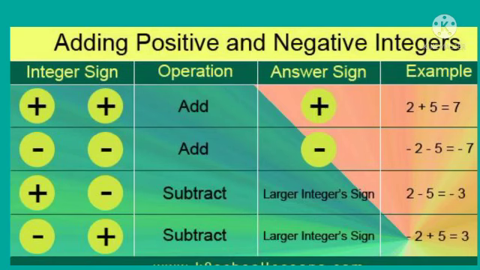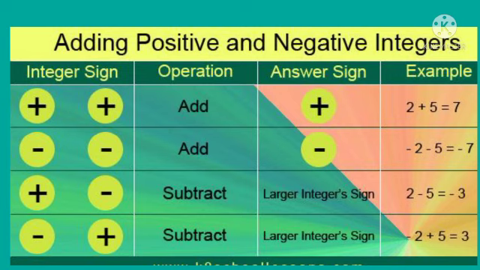Adding integers: plus plus will get a plus number, and minus minus we will get a minus number, and also plus minus will be a plus number or a minus number. Observe this picture, adding positive and negative integers.